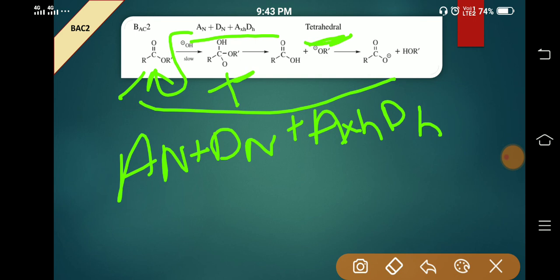Nucleophilic attack leads to the generation of this tetrahedral intermediate. Now, the second step is dissociation of the nucleophile, that is removal of the alkoxide ion, followed by proton exchange to generate the alcohol along with the carboxylate ion.